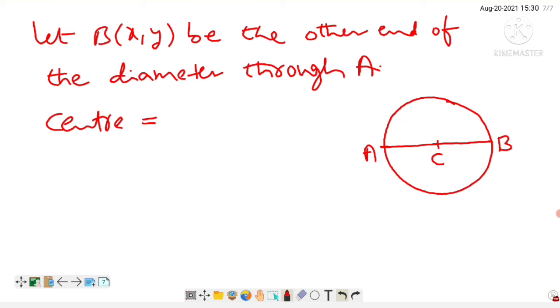So from the diagram, the center is the midpoint of AB.